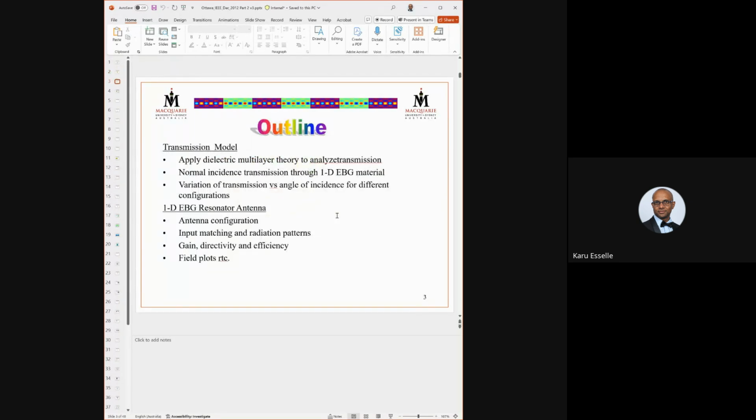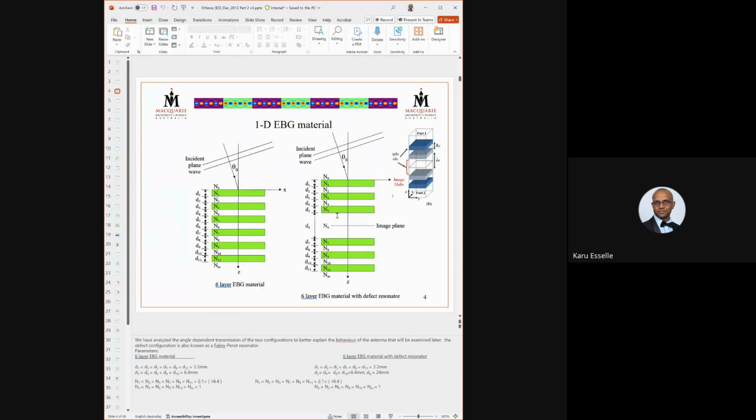Actually, any of those resonant cavity antennas can be designed this way. But this one is particularly interesting because you can derive analytical theories. You can analyze it analytically, even if you don't have the software to analyze.